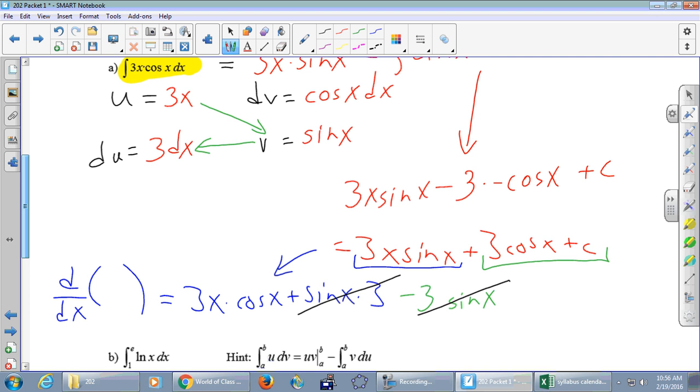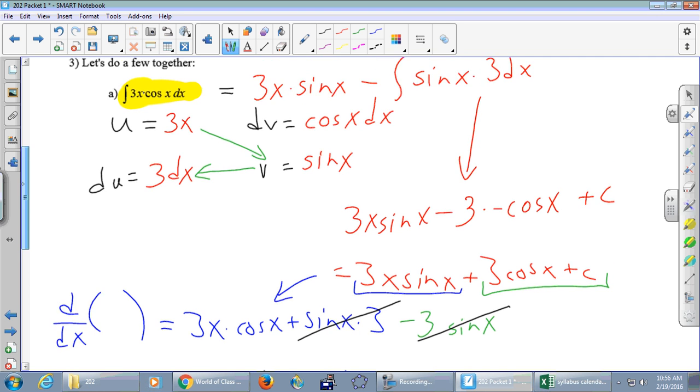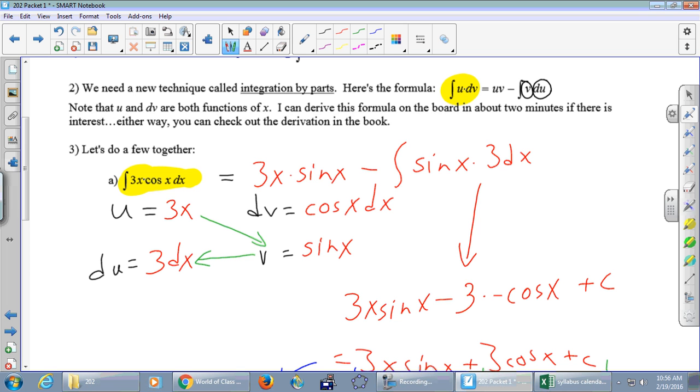Okay, I mentioned that there's a good choice for you in dv and there's a bad choice. The reason this was a good choice is that when we got to the integral, this piece right here, the thing was better than it was before. This was the integral that we traded for, right? Why was that a better and easier integral than the original? Yeah, the problem in the original was that we couldn't handle the fact that there was an x and a cosine of x.